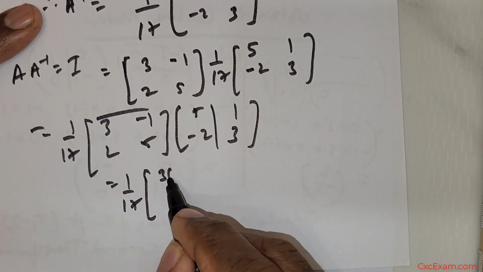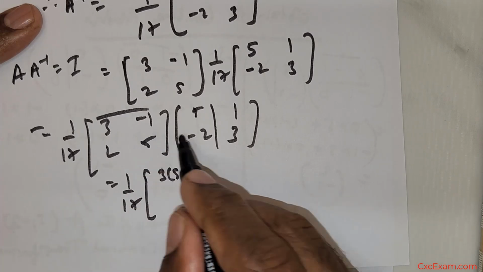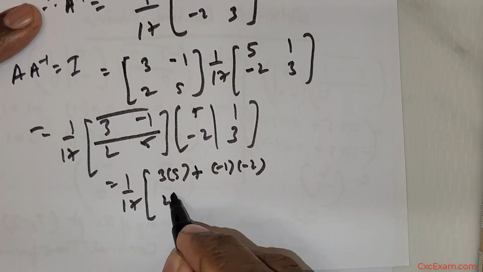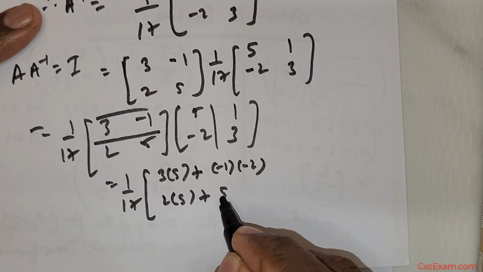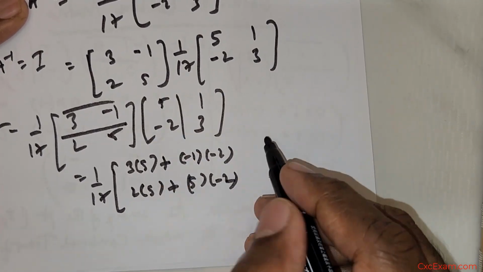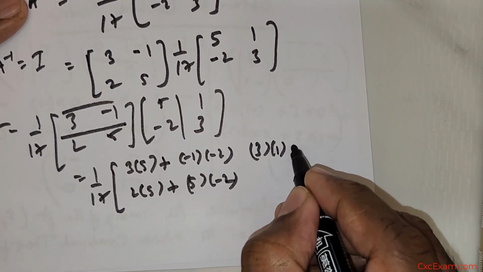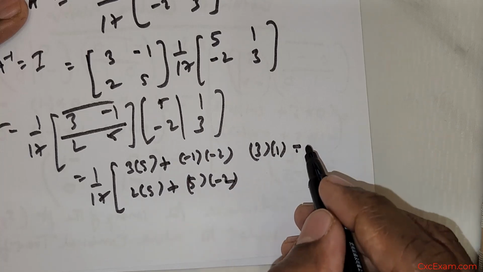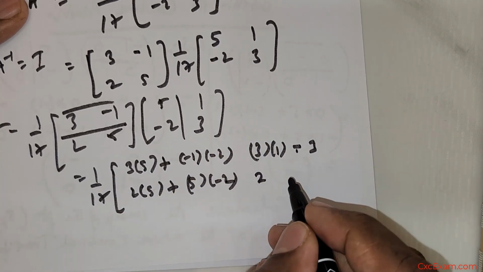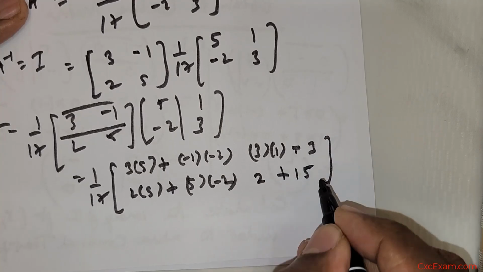So 3 times 5, positive negative 1 times negative 2, and 2 times 5, positive 5 times negative 2, and then 3 times 1, positive negative 1 times 3, and then 2 times 1, and then positive 15.